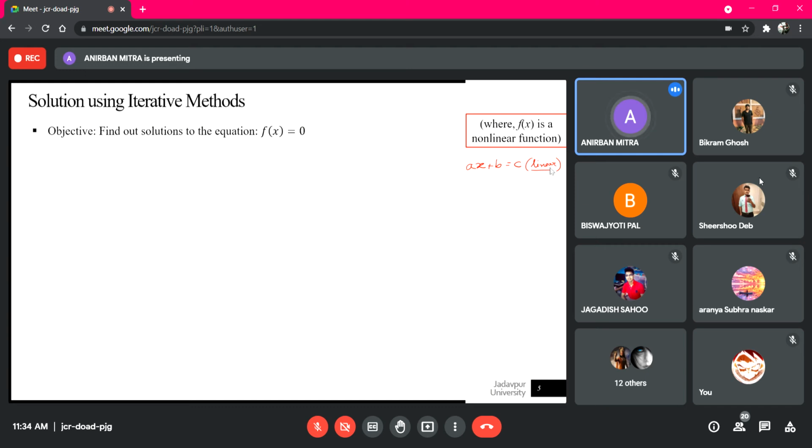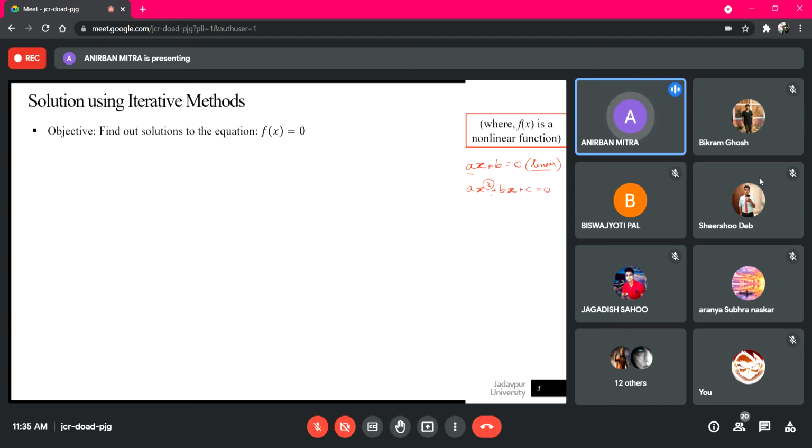So we can say that if the power of x goes up to a maximum of 1, and the coefficients of x are not functions of x, that means here a is not a function of x, it's a constant, then it constitutes a linear equation. However, if we consider this, then this is obviously more than 1.